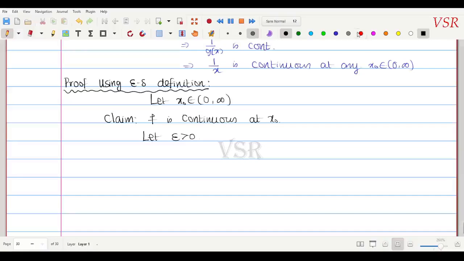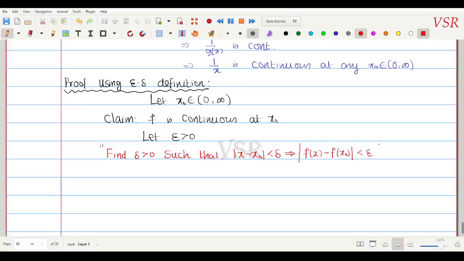For this, we need to find delta positive such that whenever modulus of x minus x naught is less than delta, this must imply that modulus of f of x minus f of x naught is less than epsilon.